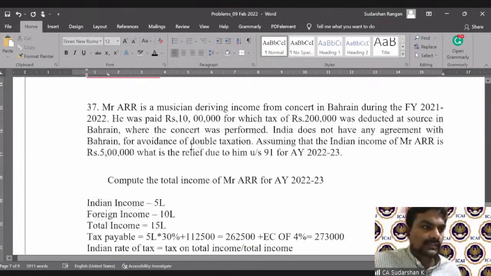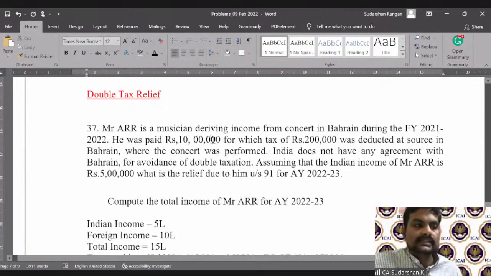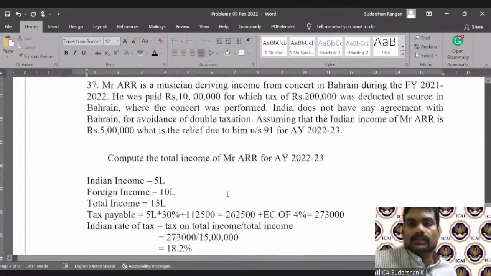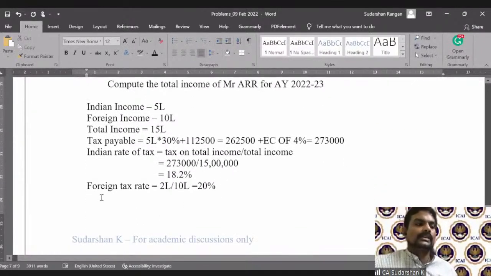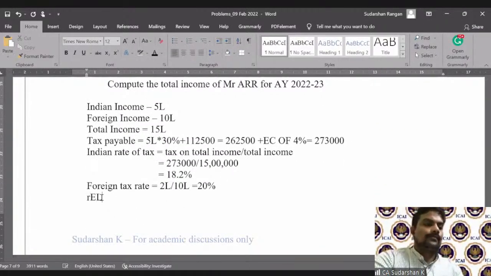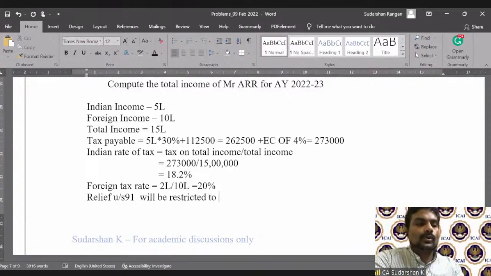In the question it's very clear: he was paid 10 lakhs, that's my foreign income, for which tax of rupees 2 lakhs was deducted. So my foreign tax rate would be 20%. Now relief under section 91 will be restricted to 18.2% on the doubly taxed income.